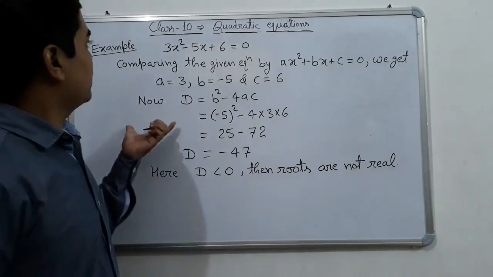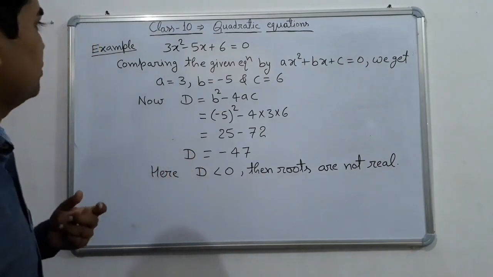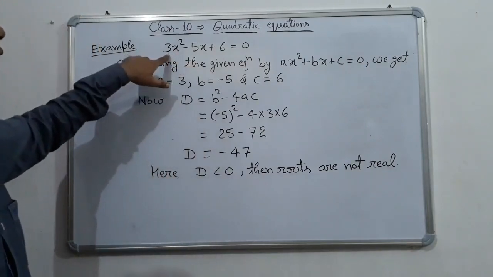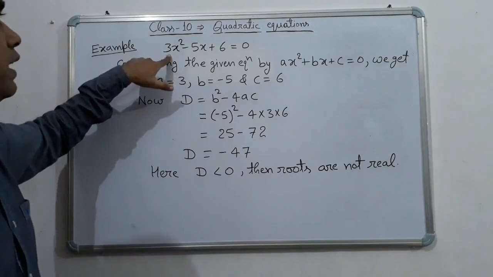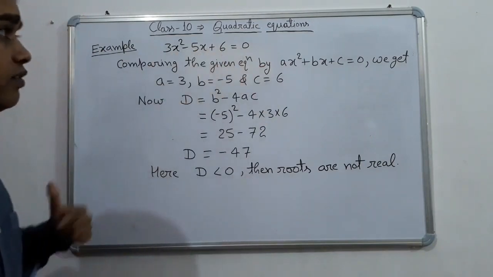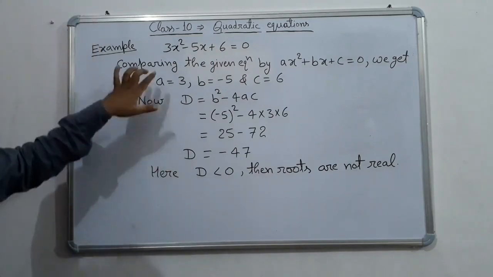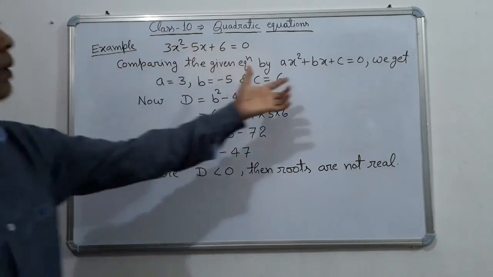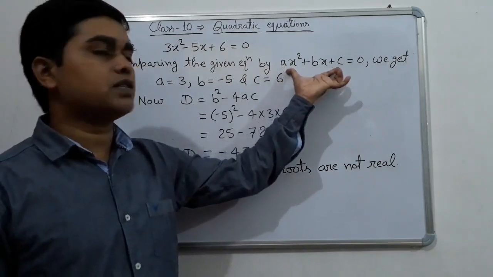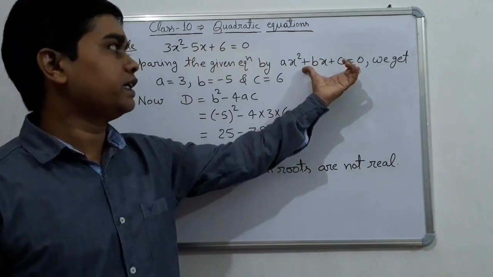Children, here we will see how we can find the nature of roots by an example. See, suppose here we have one quadratic equation 3x square minus 5x plus 6 is equal to 0. Now here we have to find the nature of the roots. So first you will compare the given equation with ax square plus bx plus c is equal to 0, which is standard form of quadratic equation.